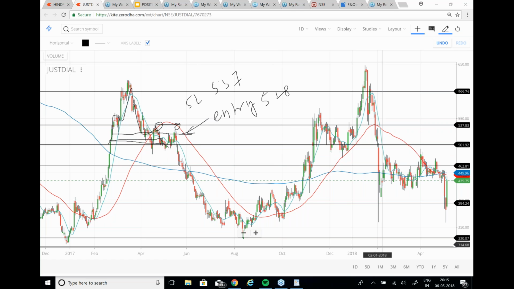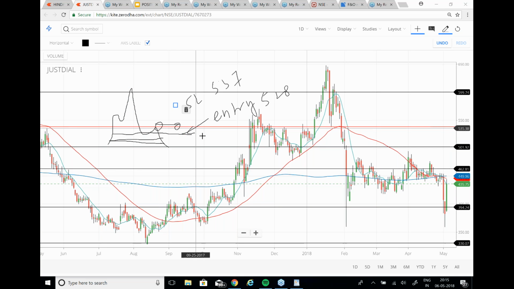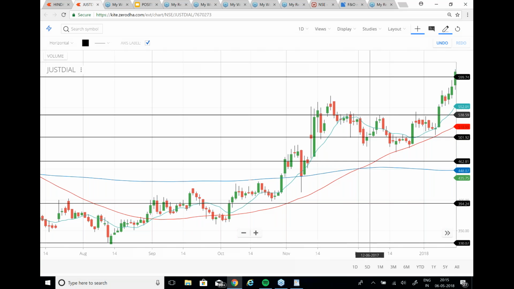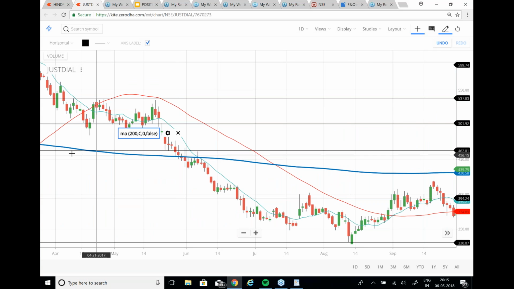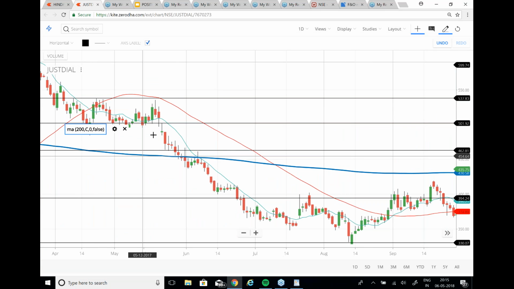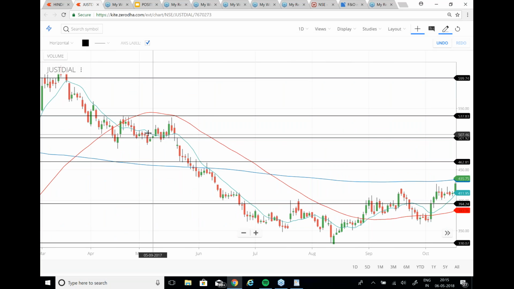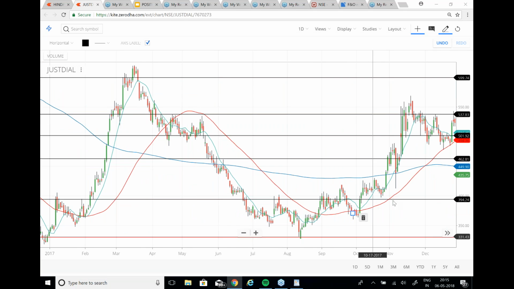So it is a combination of a lot of things: resistance, plus the head and shoulder pattern breakout, and then in a shorter time frame, it's a double top as well. So it is giving a huge amount of signal, right? So this was inverted and normal head and shoulder patterns.